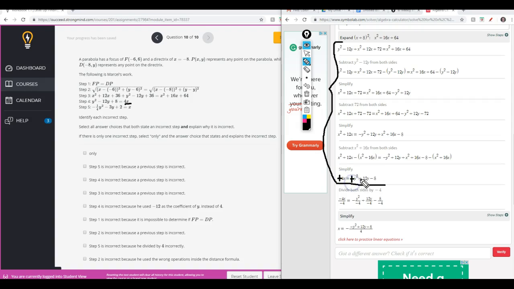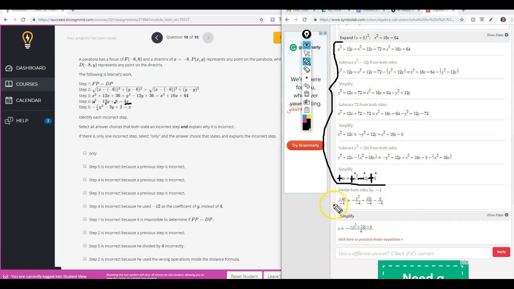Since that's a negative, it'll now be a positive. Since that's a positive, it'll now be a negative, and if that's a negative, it is now a positive. And that's because we multiplied both sides by negative 1 so that we could match that to be a positive 4x. So we have 4x is equal to a positive y squared, a negative 12y, and a positive 8. So that step is correct.